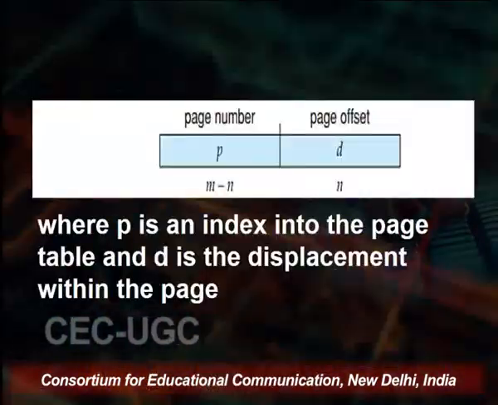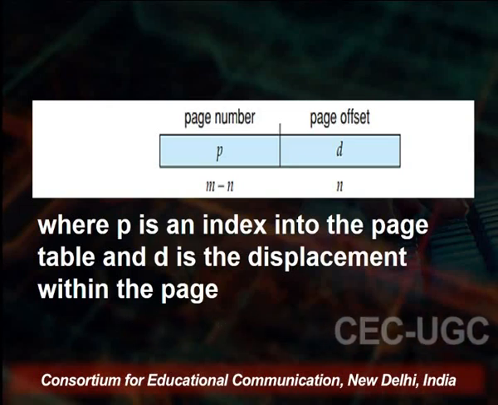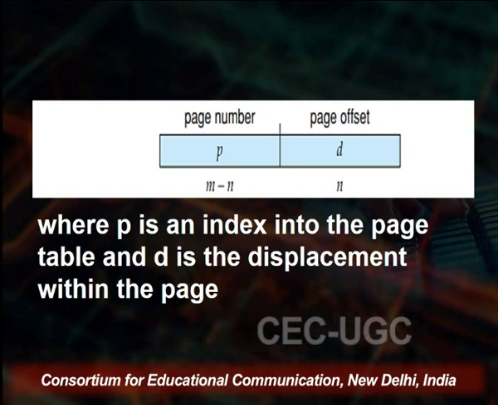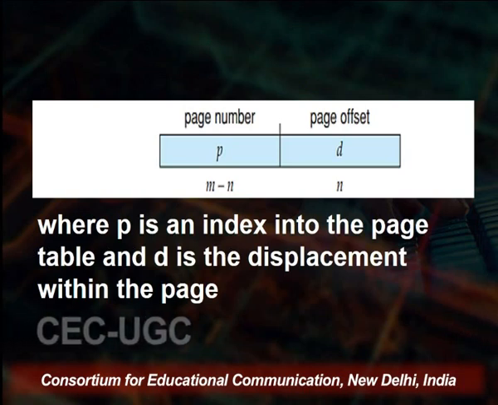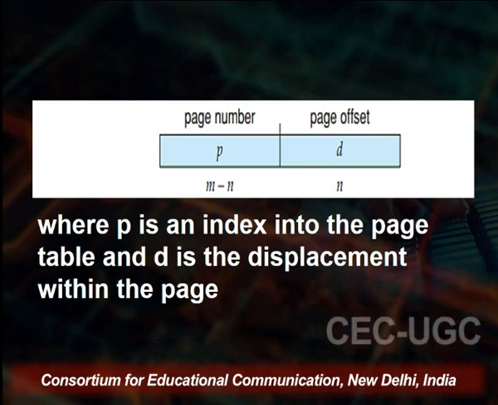We have two parts of the logical address: one is the page number p, residing inside the m minus n higher order bits, while the low order n bits are designated for the page offset.